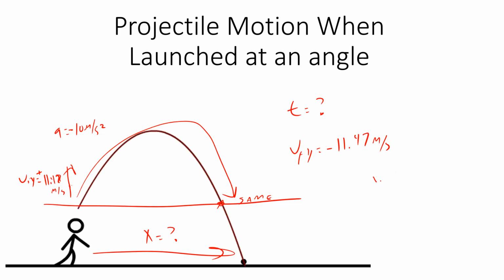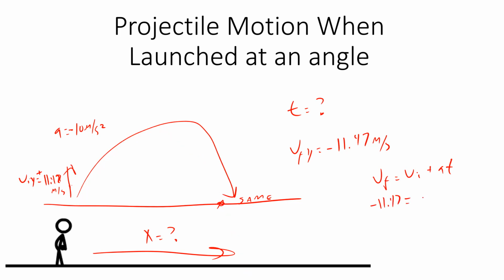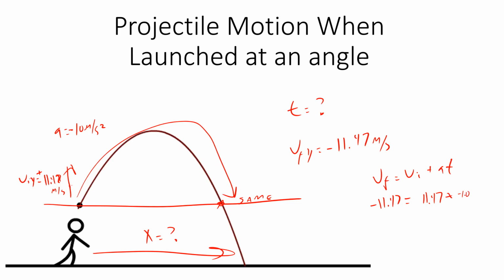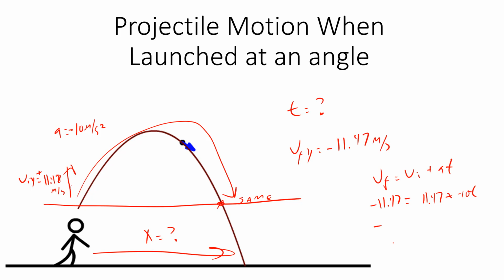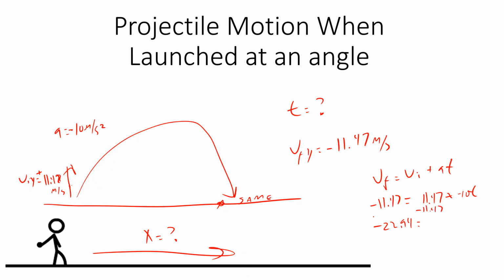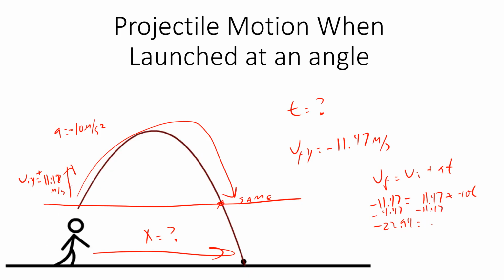I would use the equation V_f equals V_i plus at. It would be negative 11.47 equals 11.47 plus negative 10t, and we get negative 22.94 when I subtract 11.47 from both sides, equals negative 10t.